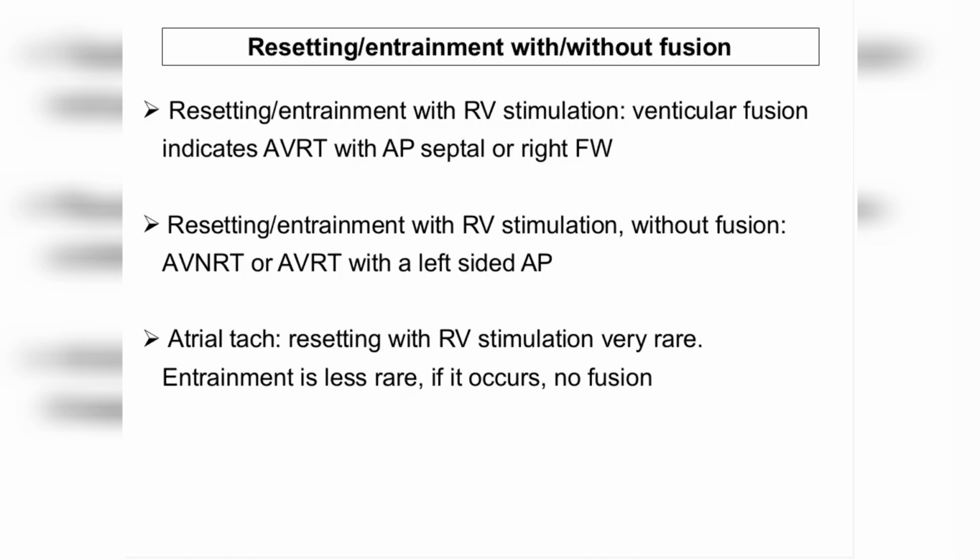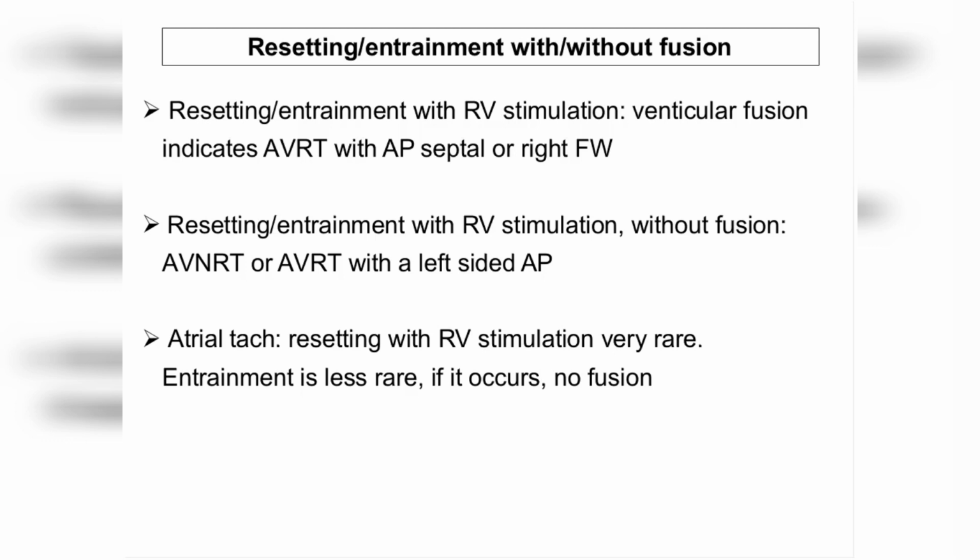during pacing. Let me remind you that when you pace the ventricle, you can tell that you are entraining a junctional tachycardia when the atrial rate goes to the ventricular rate, and both chambers are activated at the same time.